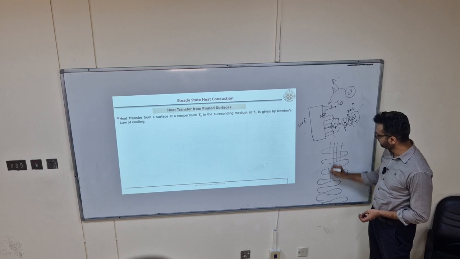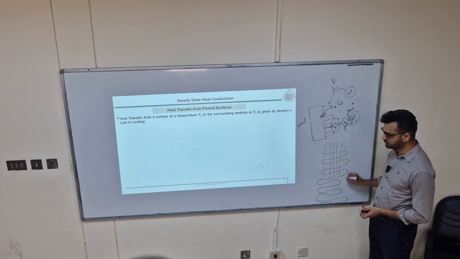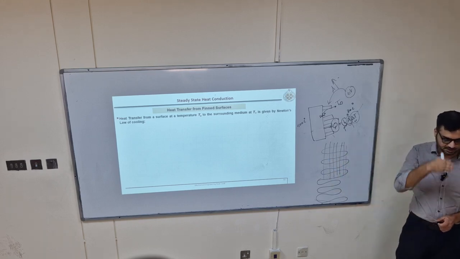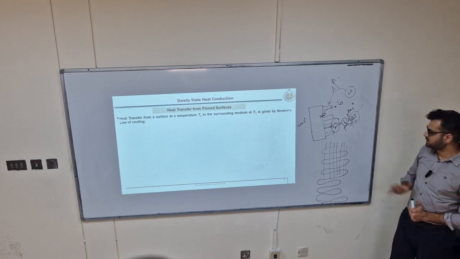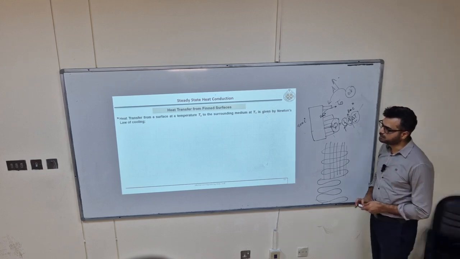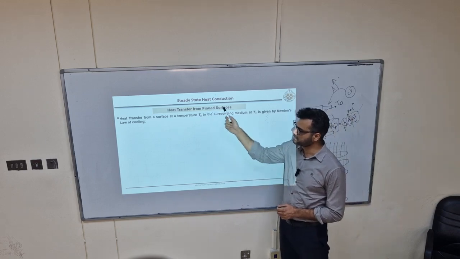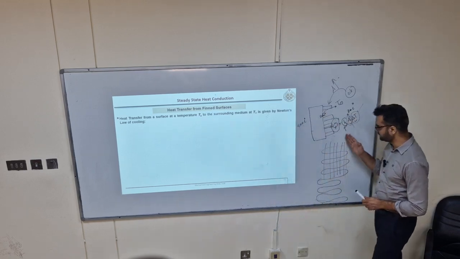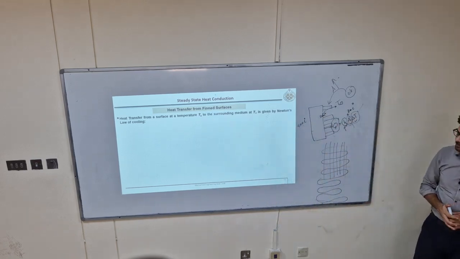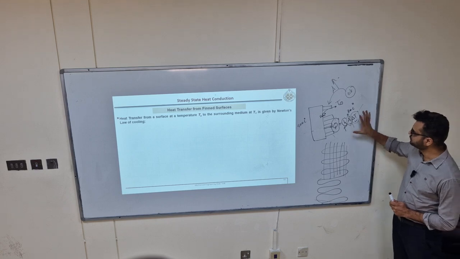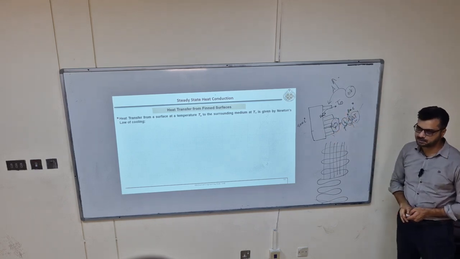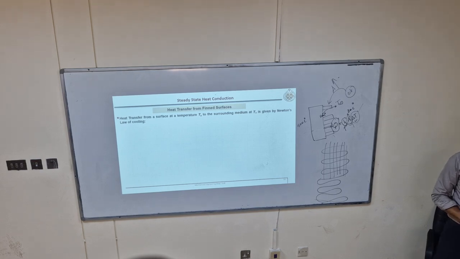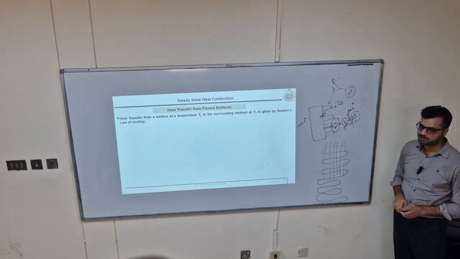You use small metallic strips over the surface of that pipe. Okay. These are called fin surfaces or extended surfaces. So the overall methodology is to increase the heat transfer area so that we can get maximum heat transfer.